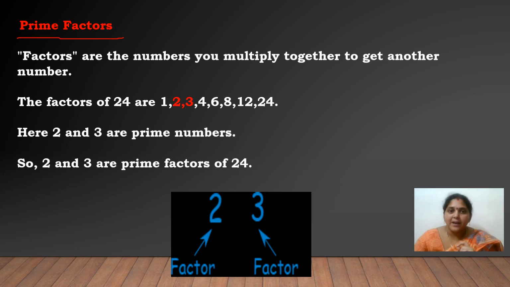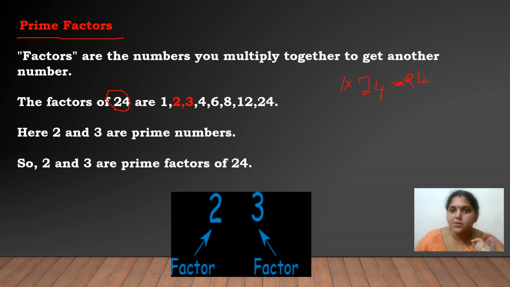Now I have to find the factors of 24. For finding the factors of 24, how are we going to do it? Normally, in which tables can you see 24? 1 table? Yes or no? 1 into 24 is equal to 24, right?